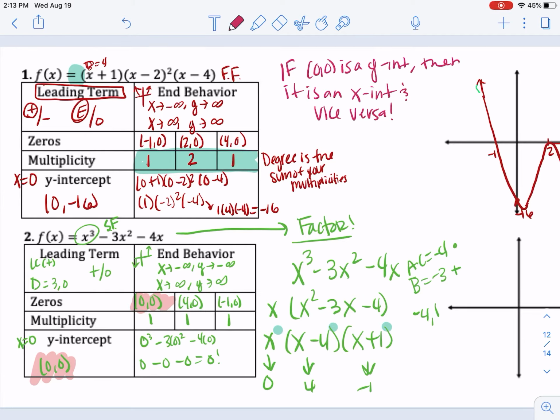So 0, 0 lands in both the y-axis and the x-axis. So if you ever have it as an x-intercept, note that you also have it as a y-intercept and the other way around. So it needs to be listed in both places.